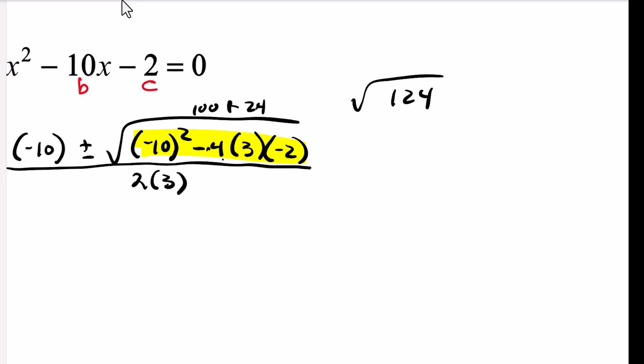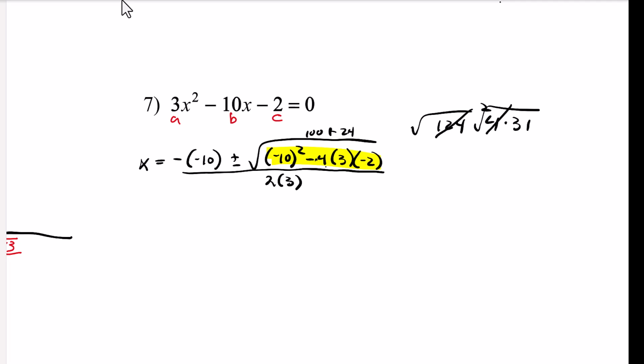And I think 16 goes into that. Nope. So let's just divide 4 and see what we get. Yeah. So we can rewrite that as square root of 4 times 31. Square root of 4 is 2.